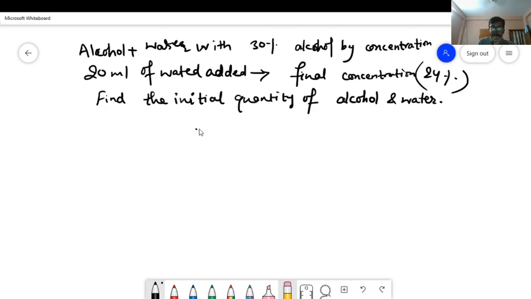What was the initial quantity of alcohol and water? Okay, you are getting 80 ml as the final quantity.